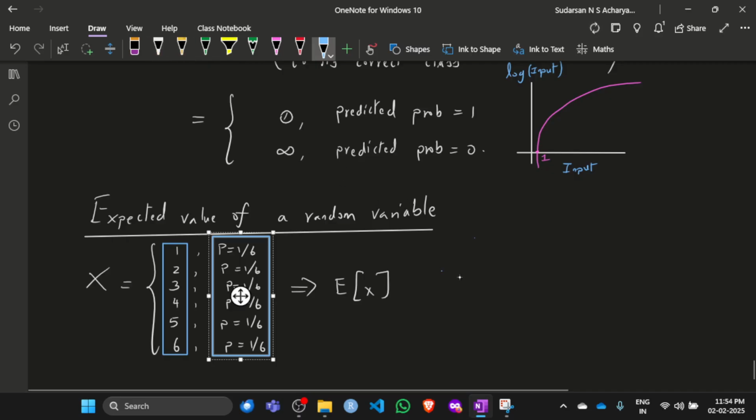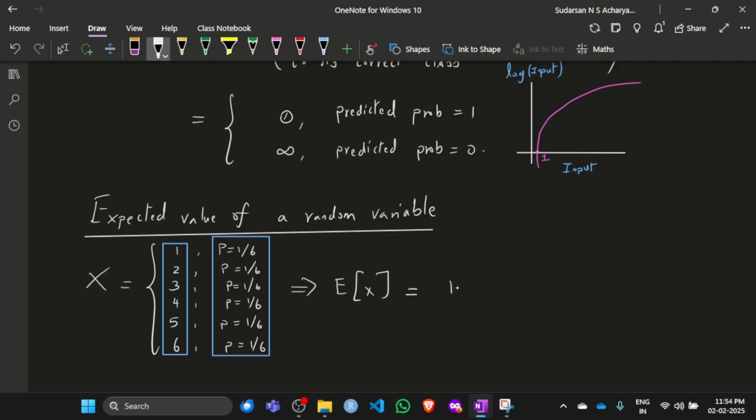It is simply the weighted sum of the possible values that the random variable takes. So for example, it takes the value 1 with a probability 1 over 6, takes the value 2 with a probability 1 over 6, 3 with a probability 1 over 6, and so on, right?